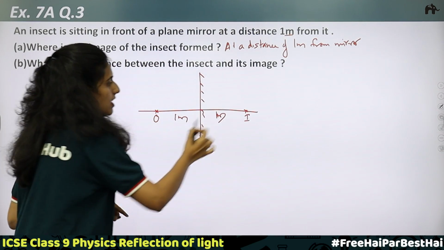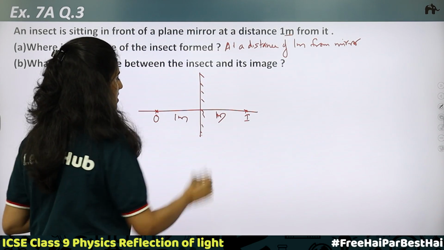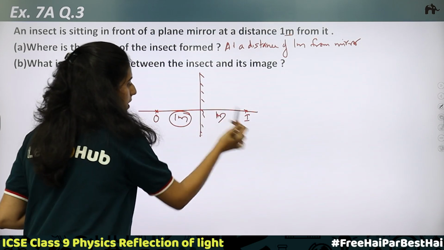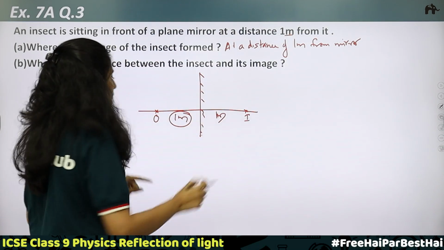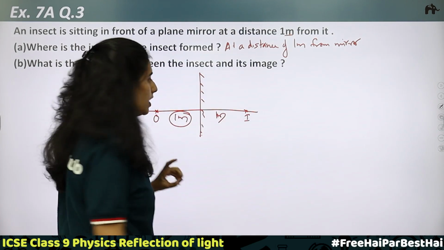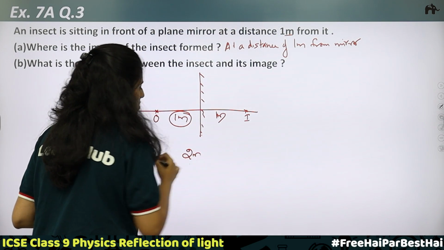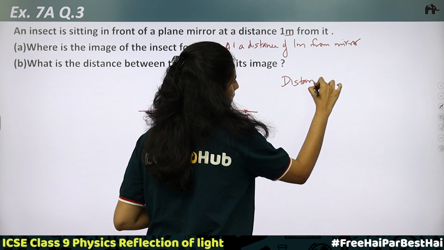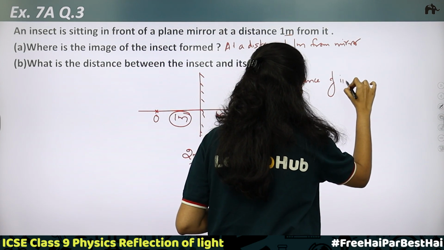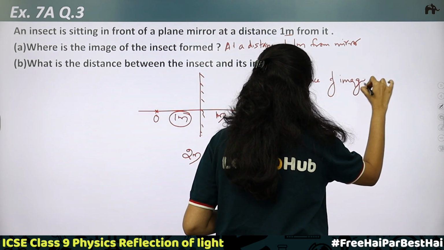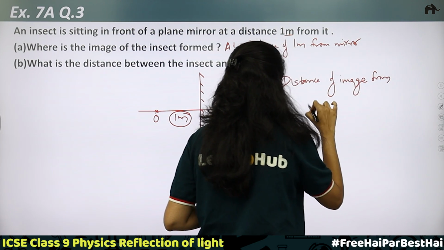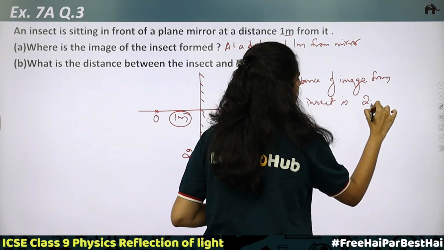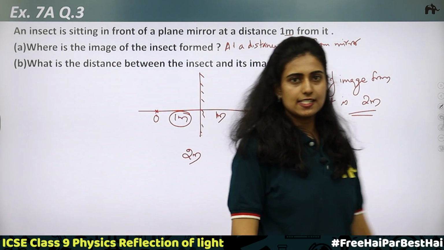Here we have the insect and here we have the image. 1 meter is the distance of the object from the mirror. 1 meter is the distance of the image from the mirror. Therefore, the total distance will be equal to 2 meters. So, the distance of the image from the insect is 2 meters.